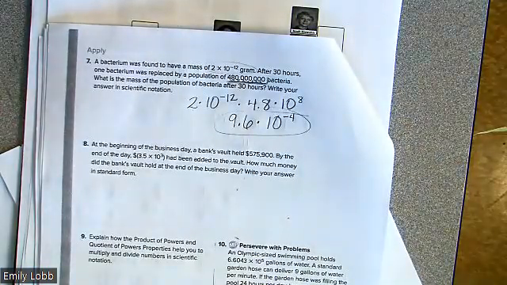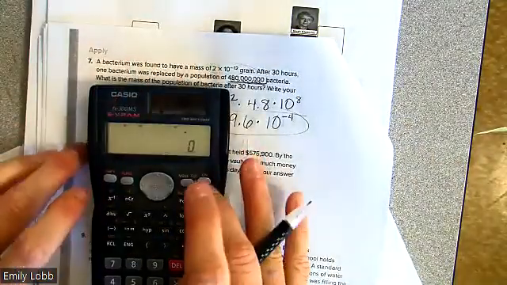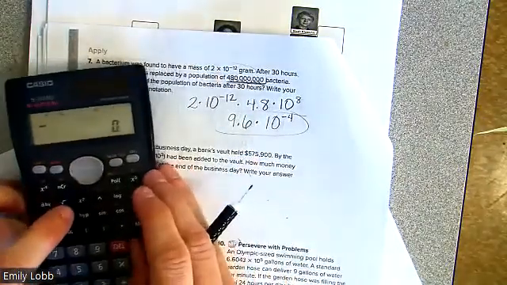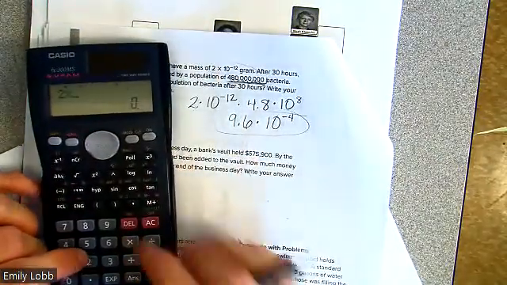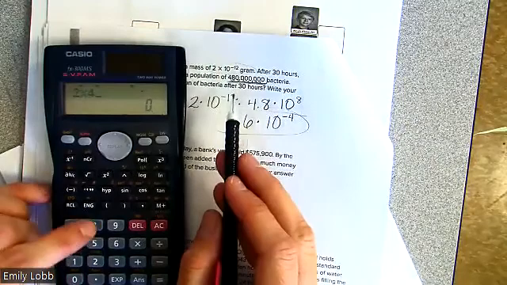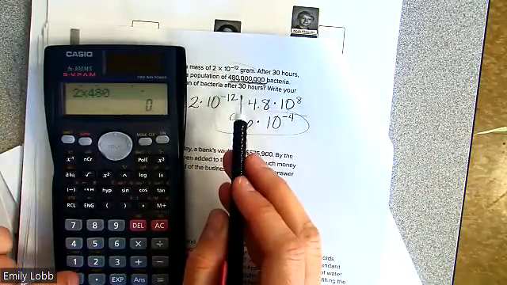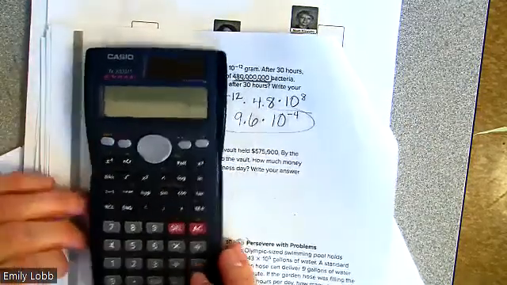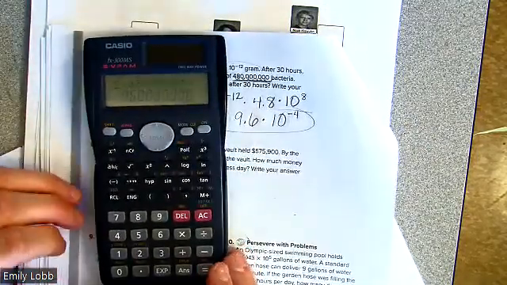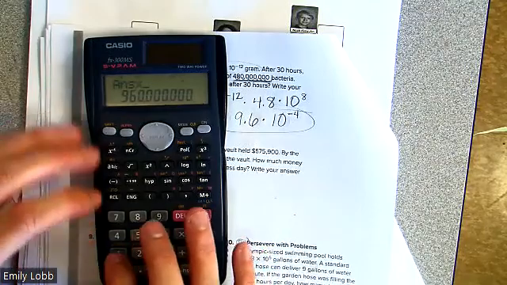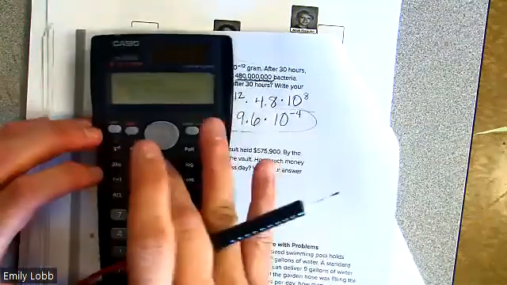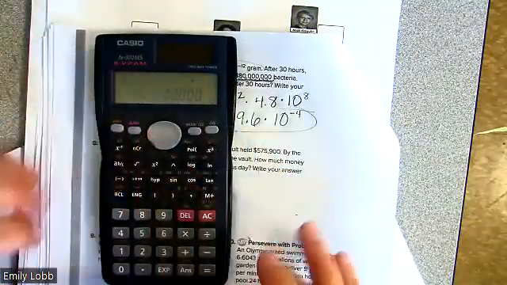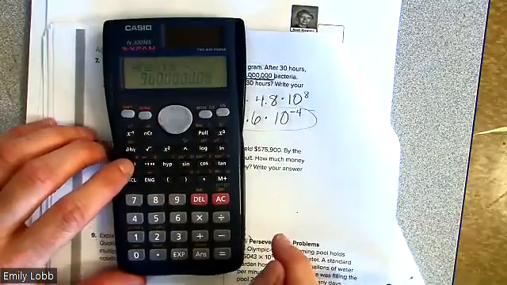The other way that you could do that is to say 2 times 4, 8, 0, 1, 2, 3, 1, 2, 3, and all those zeros times 10 raised to the negative. See where I got that negative, not minus.